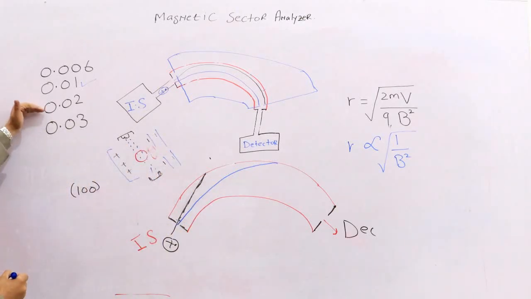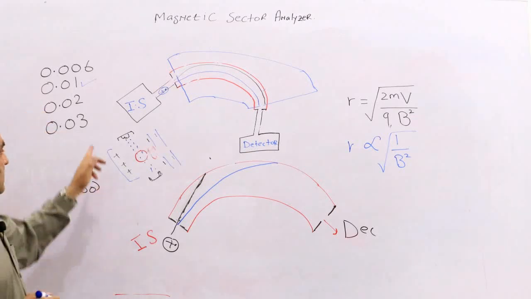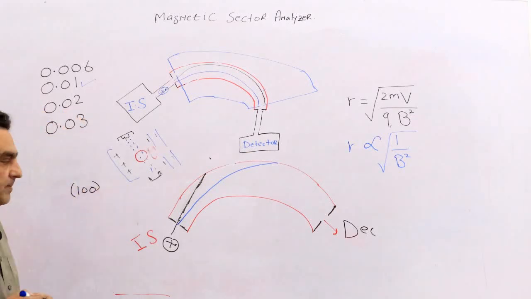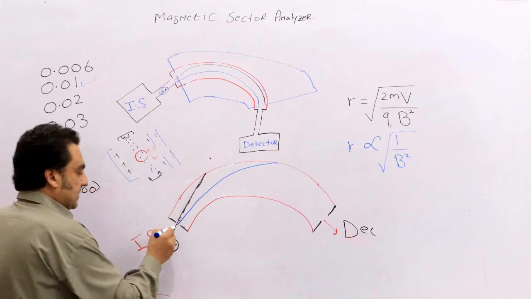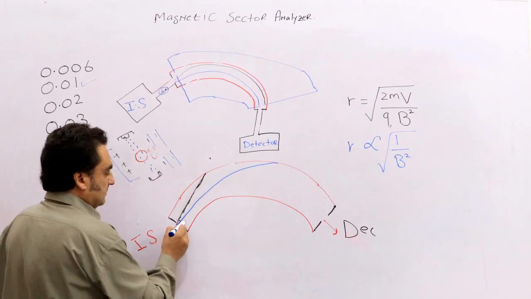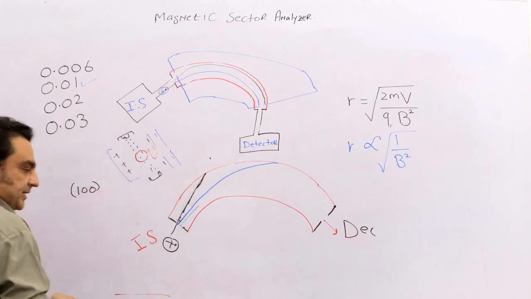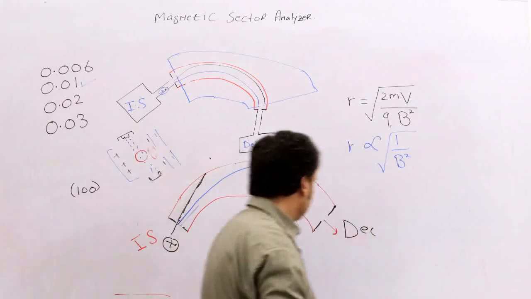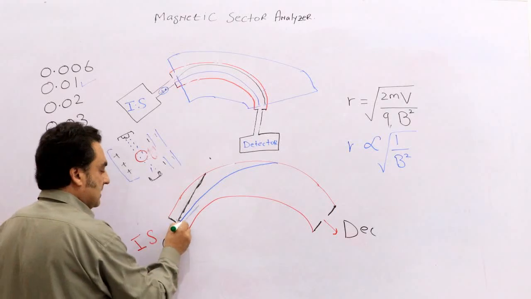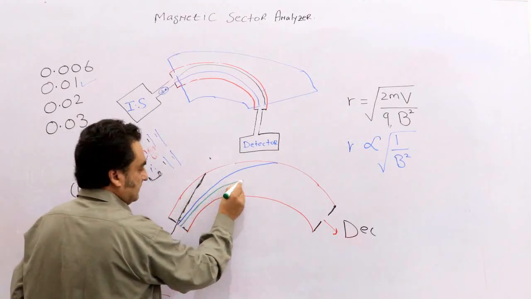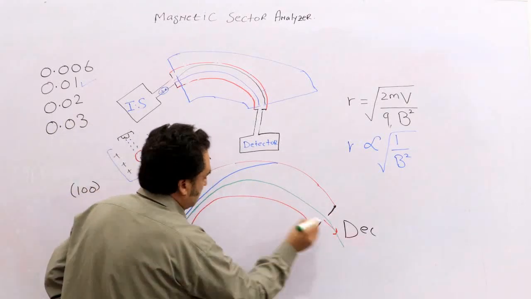Now suppose you increase the magnetic field to 0.02, and let me write it with the green marker. Now it goes to the detector.